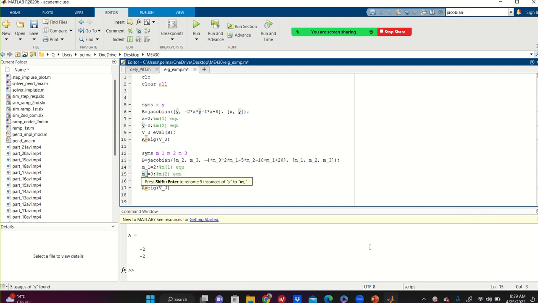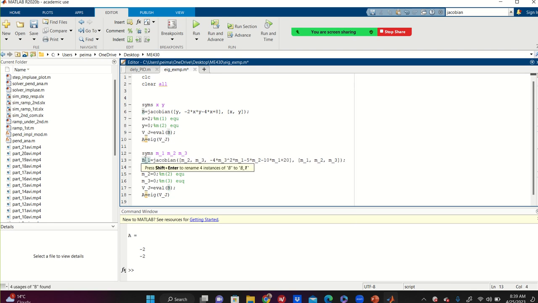Now the M1 equilibrium point was 2, the M2 equilibrium point was 0, and the M3 equilibrium point was 0. There we go. And I'm going to name this B1.